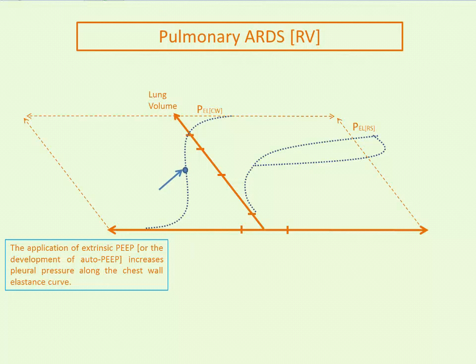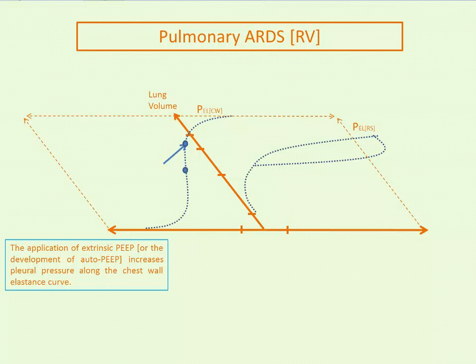So starting at FRC, the application of PEEP will increase your pleural pressure, but not really to a great amount in this patient because they have normal chest wall elastance. And you'll see the comparison with extra-pulmonary ARDS in the following slide.